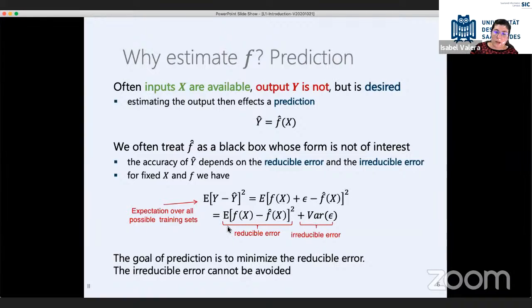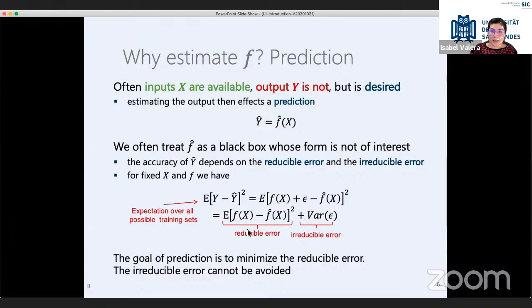But the error that we can reduce, for example by having a more flexible model, is the reducible error. If we have an expressive model, we could make it 0, but the other one can never become 0, unless we are overfitting, a term we are also going to study in a few minutes.